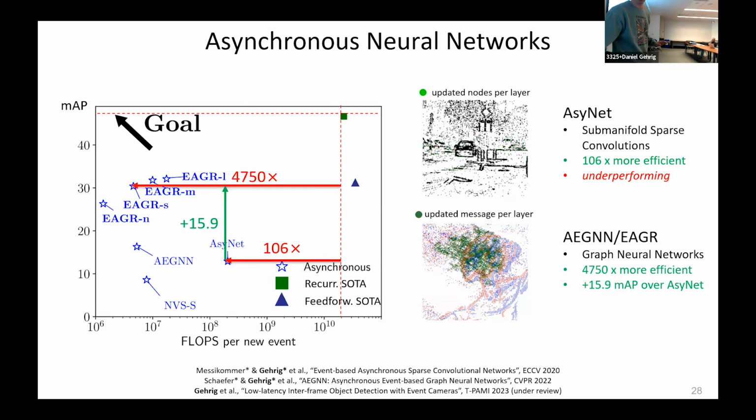And because we're going much more efficient, we can also make the networks deeper. What this allows us to do is reach a point where we're on par with the feed-forward neural network here on the right, but around 5,000 times more efficient than using a standard feed-forward CNN.